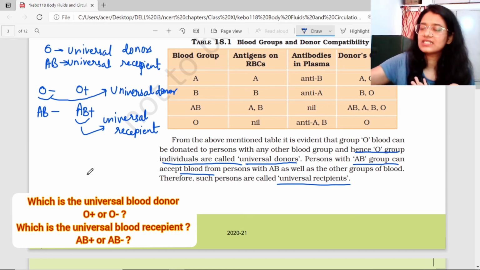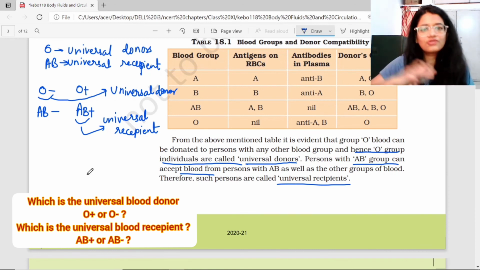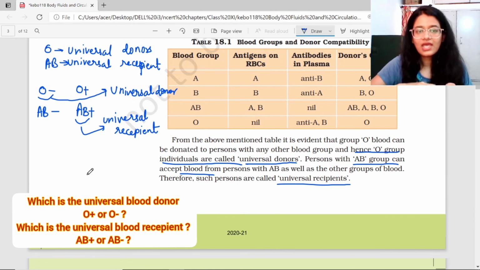If you give this person a negative blood group which is absent in Rh antigen, then also it will accept. So it will take blood from everybody. So, universal recipient. This is how the questions can be complicated a little bit from these simple lines of NCERT. That is why I have named this series Decoding NCERT or Deciphering the NCERT. Hope that was clear.